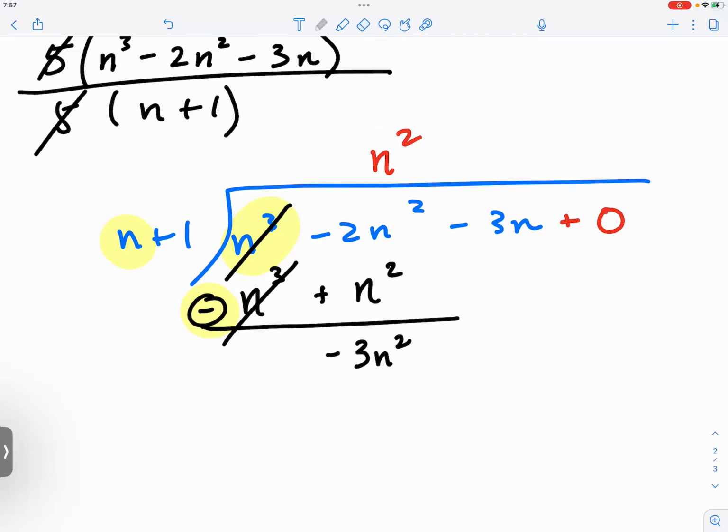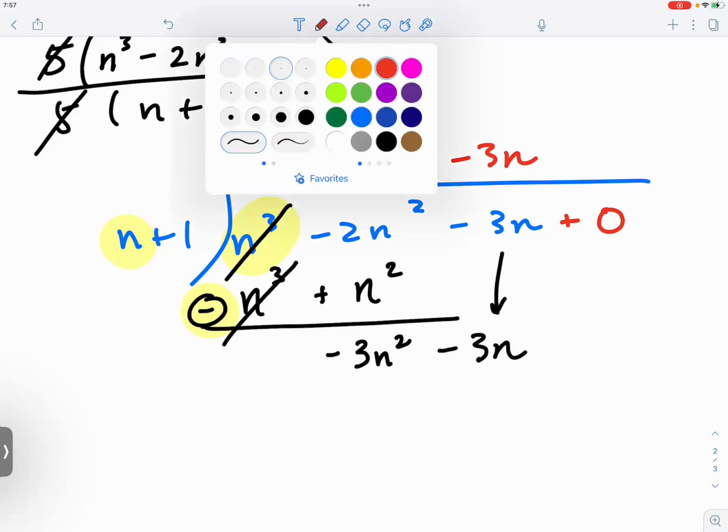And then once we have this, we say, all right, let's go ahead, bring down the next digit. Okay, bring it down. So now we have 2 digits again. And then we say, all right, n times what? We give you a negative 3n squared. We say, well, negative 3n would do the job, right? Negative 3n times n would be negative 3n squared.